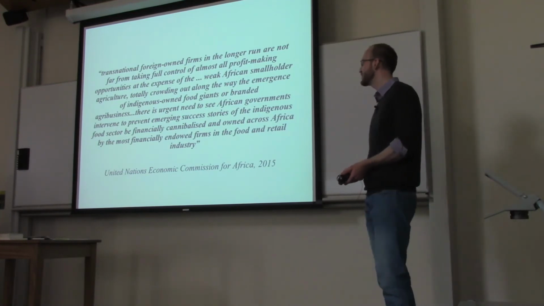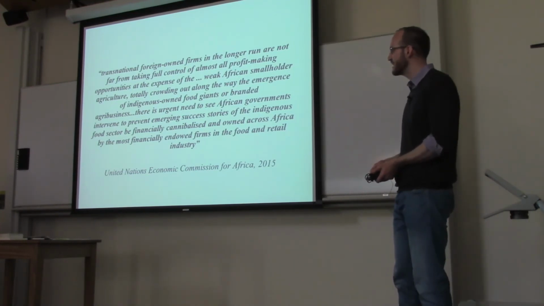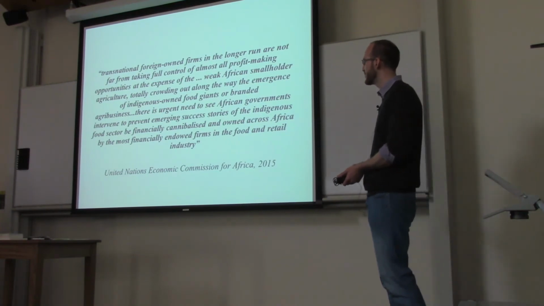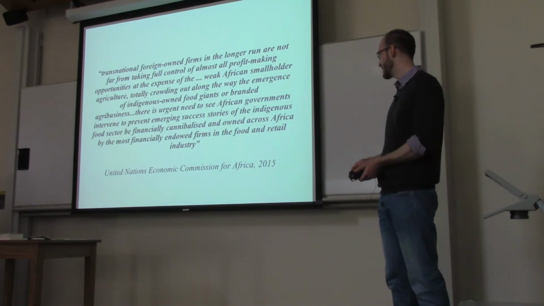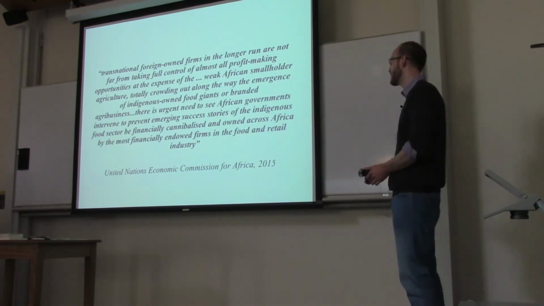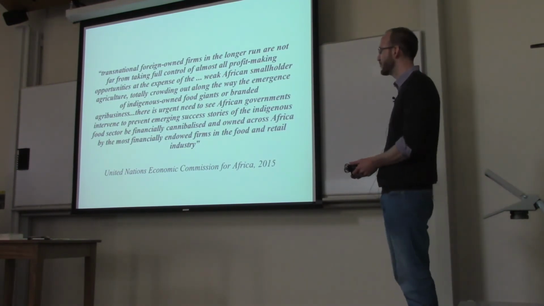There's urgent need to see African governments intervene to prevent emerging success stories of the indigenous food sector from being financially cannibalized and owned across Africa by the most financially endowed firms in the food and retail industry.